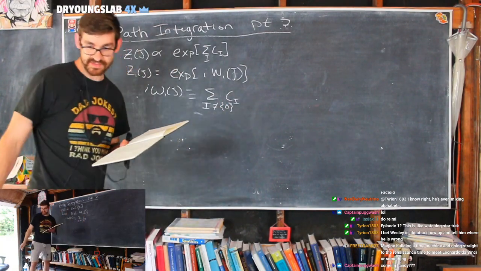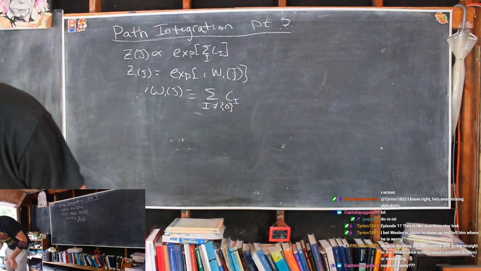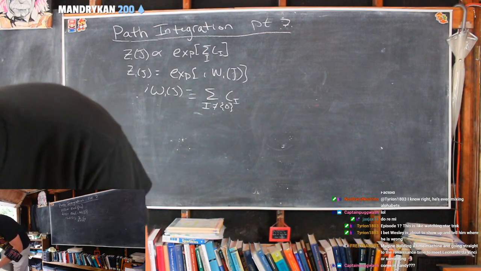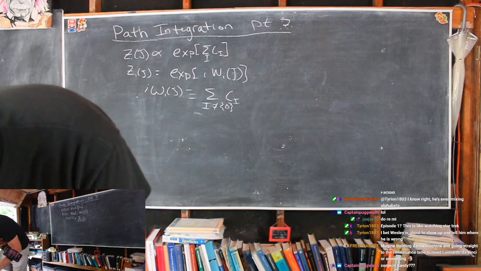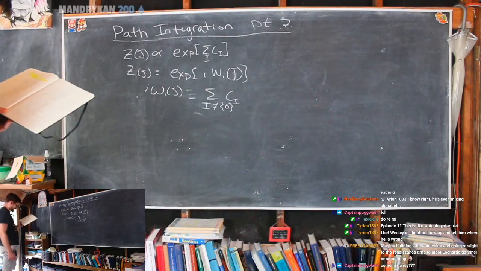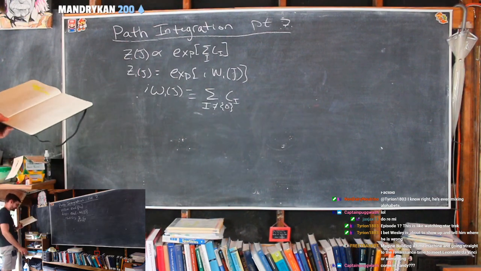Is all of the connected diagrams without the vacuums. Let me look at the actual wording so I don't screw you guys up with that. The vacuum diagrams are omitted. Okay, so which is to say that all the vacuum diagrams are omitted from the summation.